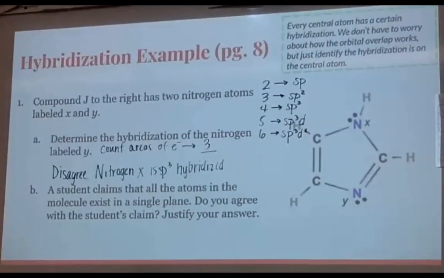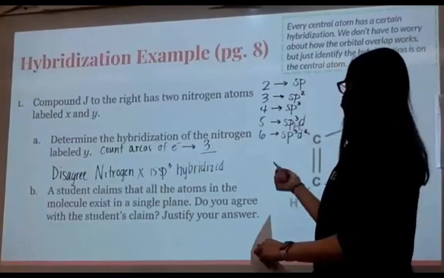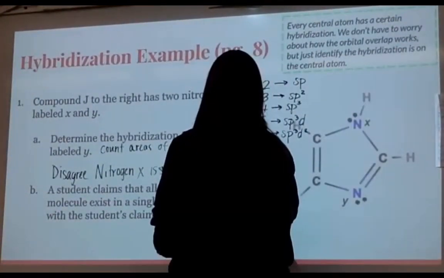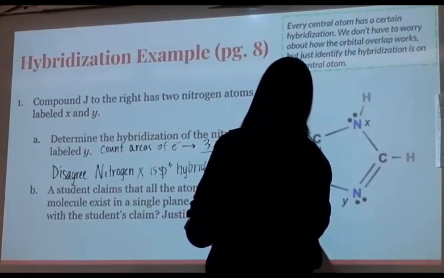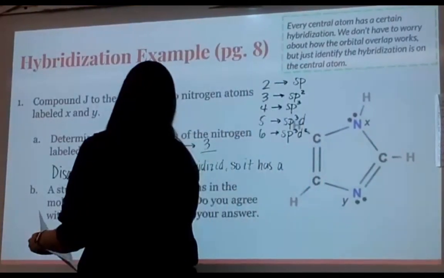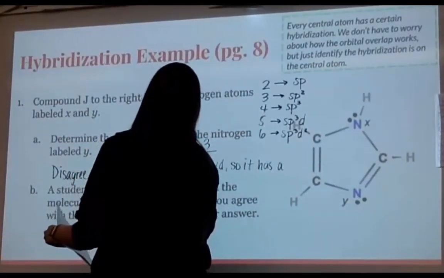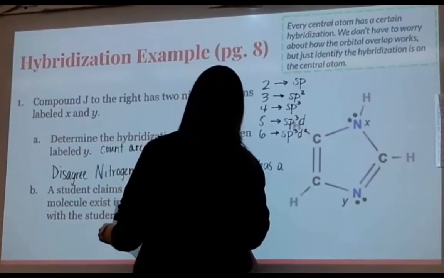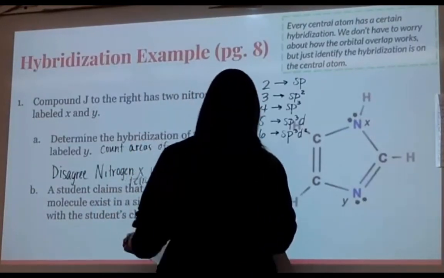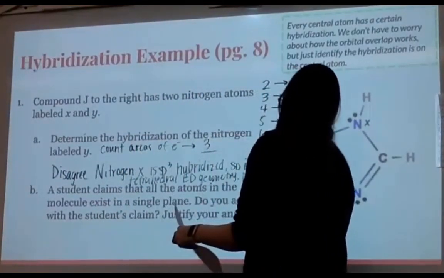Nitrogen X had a tetrahedral electron domain geometry. So it has a tetrahedral electron domain geometry. Not all atoms are in the same plane.